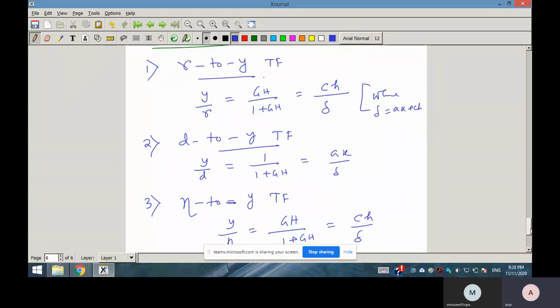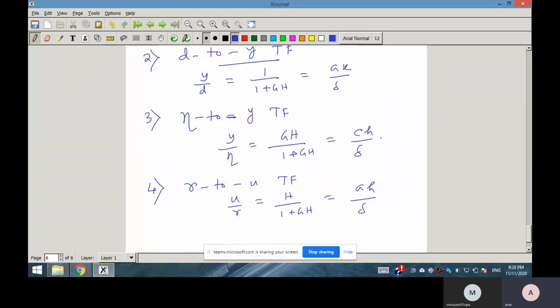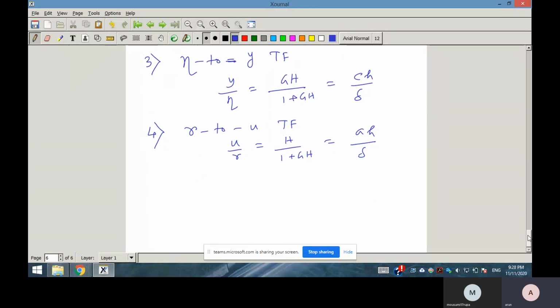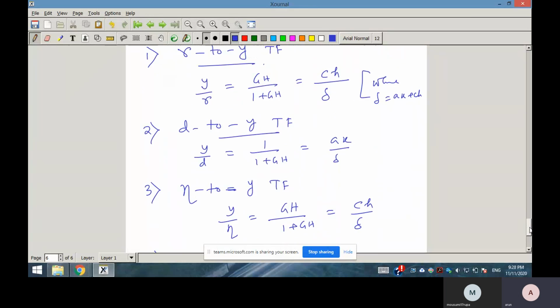Similarly, noise attenuation may also be poor if the roots of the HS are near the origin. Also the control effort will be high if the roots of the HS are near the origin. So in summary, this is the limitation of 1 degree of freedom control.